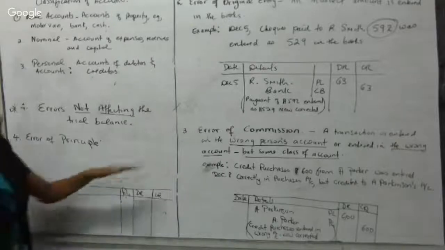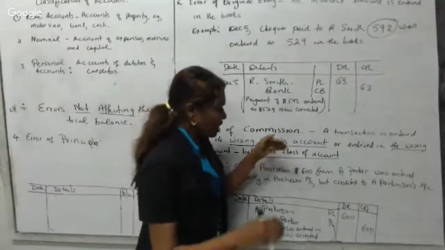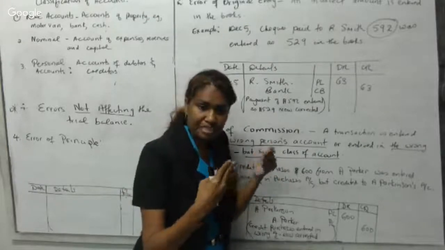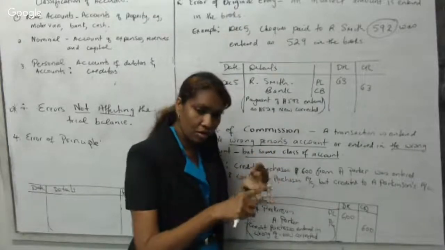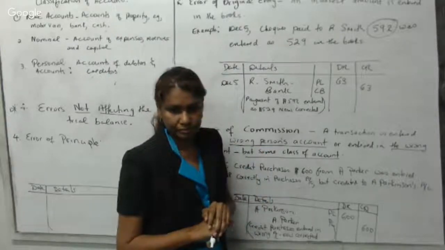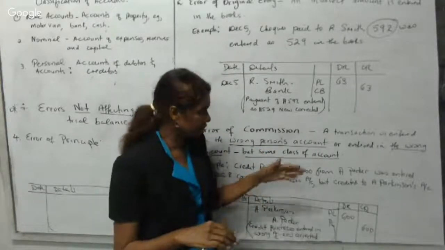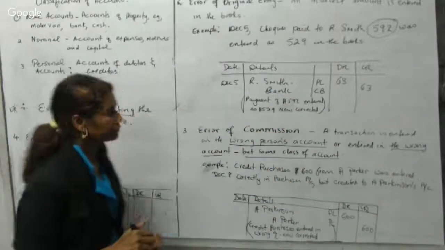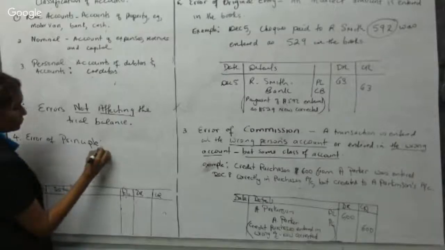Alright. So you see where for this one we enter the transaction in the wrong account, but they were in the same class of account. For an error of principle, you've entered in the wrong account and you've also entered in the wrong class of account. So for error of principle, you actually go outside of the class of account. They put something in the personal account into the nominal account.